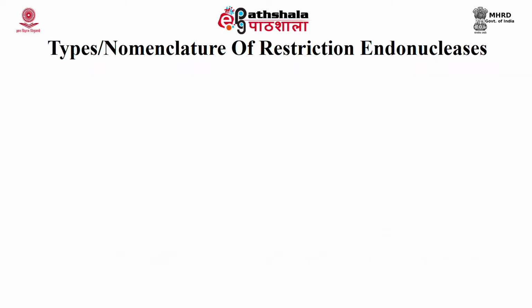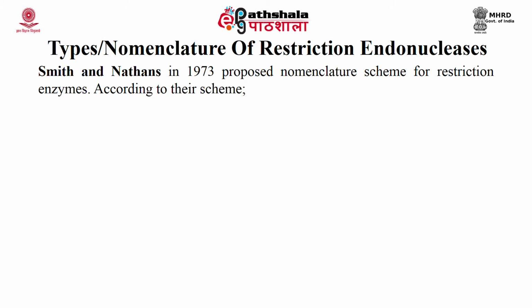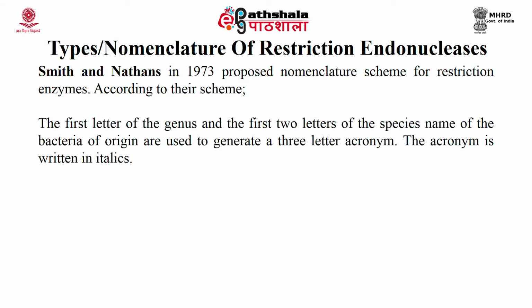Types and nomenclature of restriction endonucleases. Smith and Nathans in 1973 proposed the nomenclature scheme of restriction enzymes. According to their scheme, first, the first letter of the genus and the first 2 letters of the species name of the bacteria of origin are used to generate a 3-letter acronym.